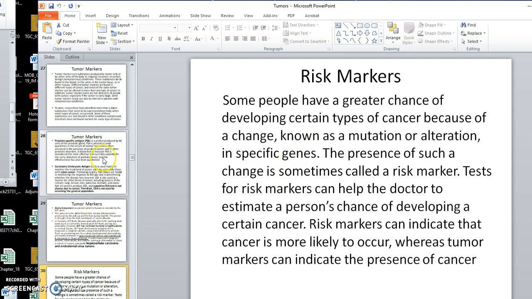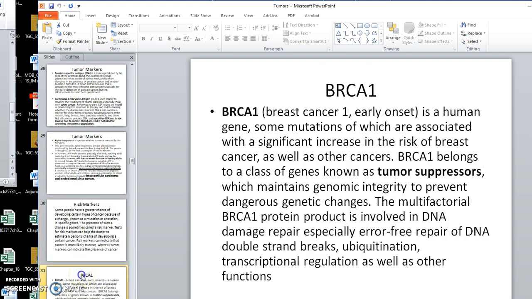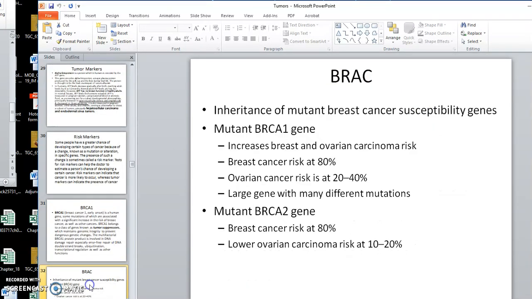Now risk markers, on the other hand, are things you draw in the blood, and because you have that, you have an increased predisposition to certain cancers. This is a major one that all you females need to know, the BRCA, the breast cancer one. It's a mutation in tumor suppressors, which means you make a mutant tumor suppressor, BRCA.